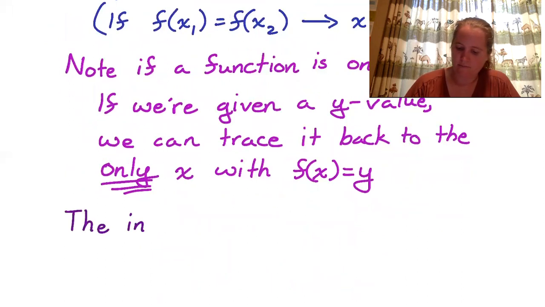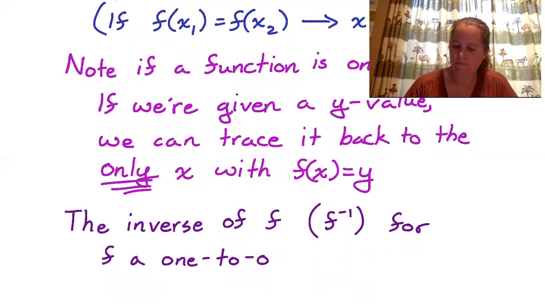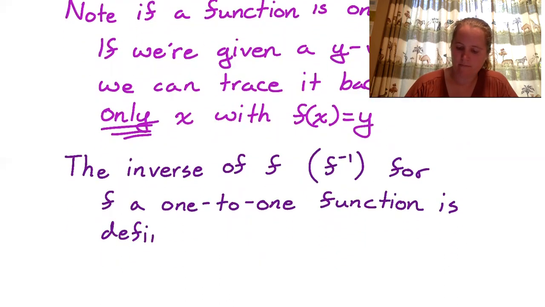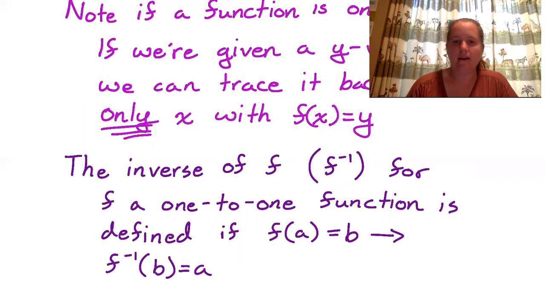So the inverse of f of x, often denoted f to the negative 1, for f a 1-to-1 function, is defined so that if f of a is equal to b, then f inverse of b is equal to a, and f inverse is defined on the range of f.